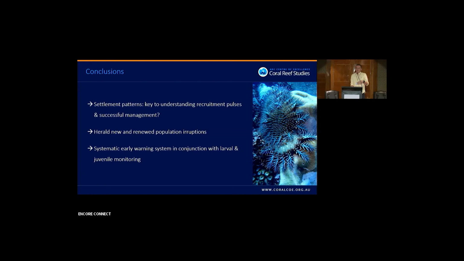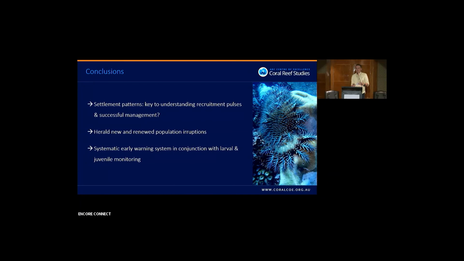Annual deployments of larval settlement collectors across a hierarchy of GBR reefs could detect localized fluctuations and sharp increases in settlement and recruitment, and therefore herald new as well as renewed population eruptions.